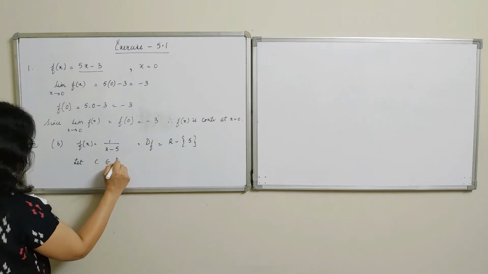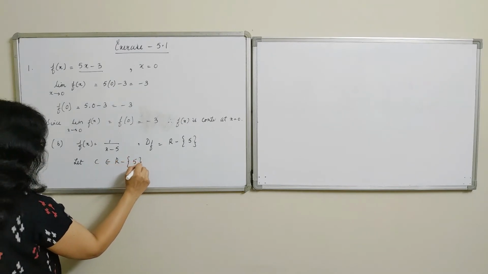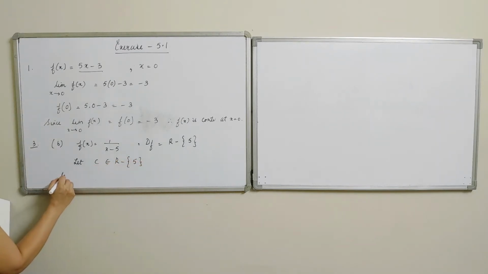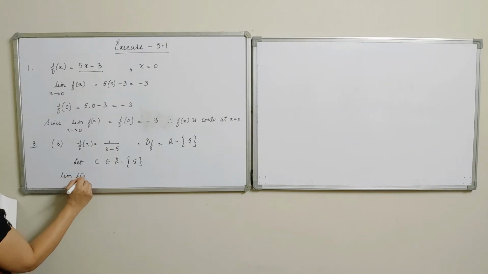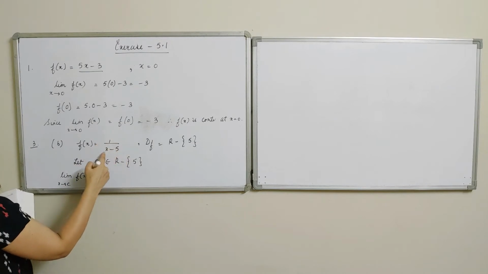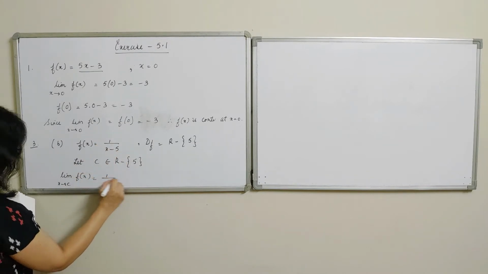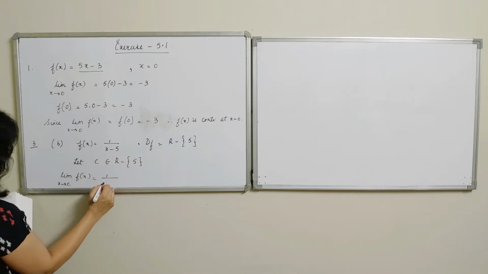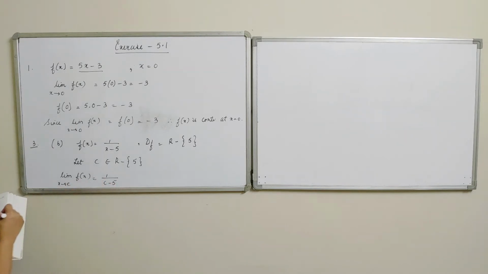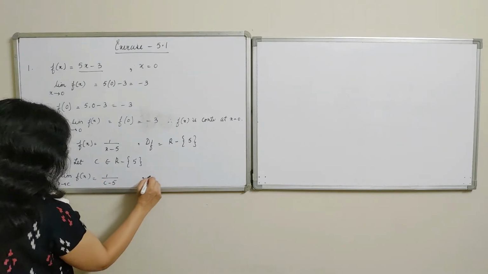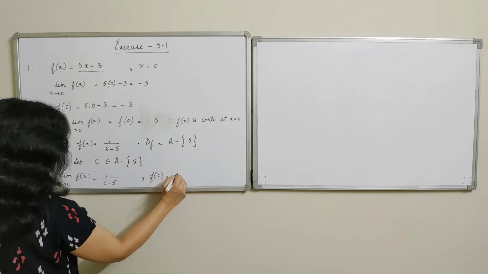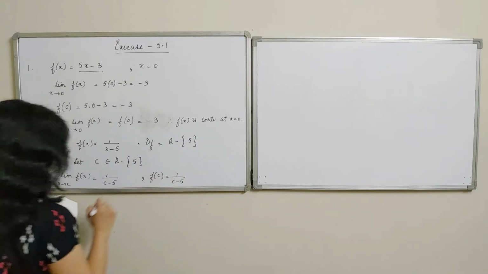So c belongs to this, and at this point, let us find the limit of the function. This is now a rational function. Once again, by direct substitution, substituting x as c, we obtain the limit of the function, and the value of the function at the point c is also the same.